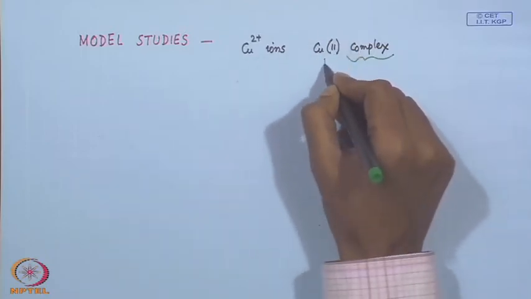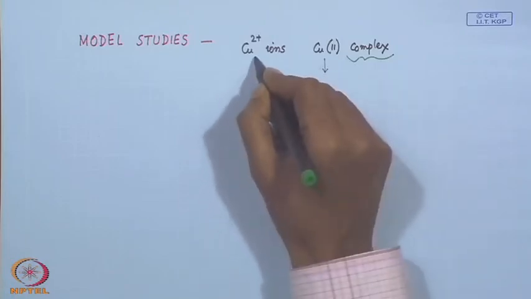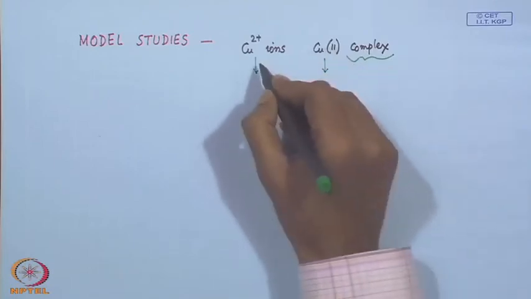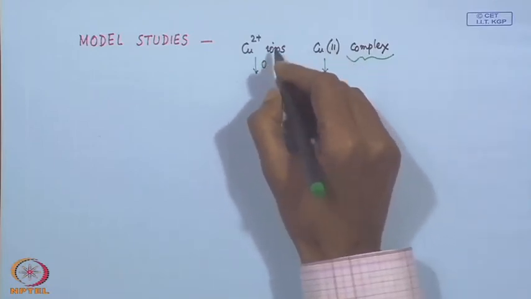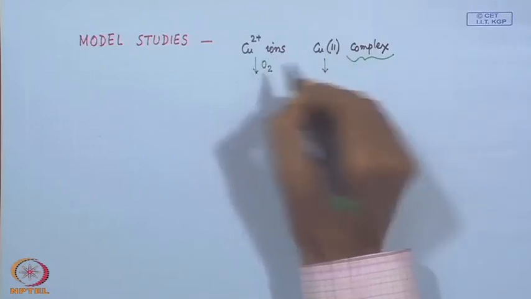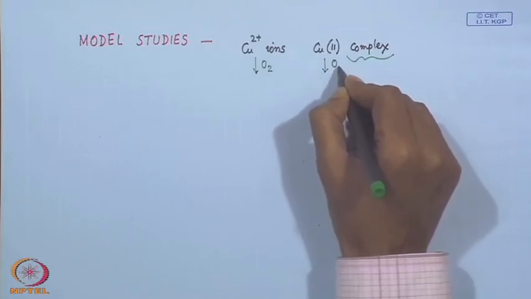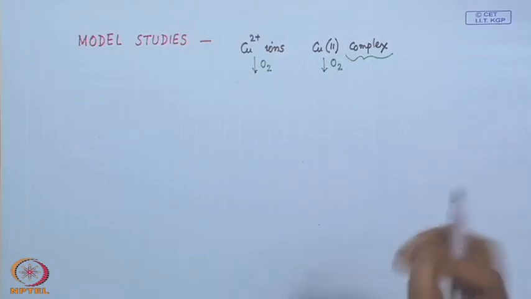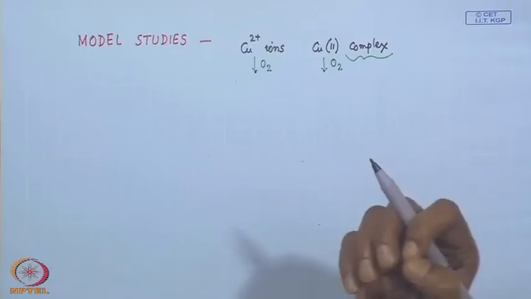So, if the copper 2 plus and the copper 2 complex are reacting with this dioxygen molecule, and if we are able to monitor the product of these reactions, that is one very simple clue to know a critical mechanistic pathway for any reaction, forget about ascorbate oxidase or anything.